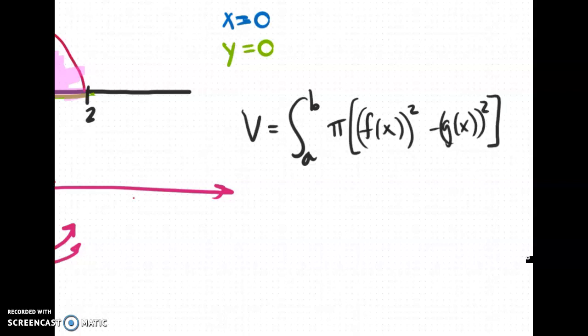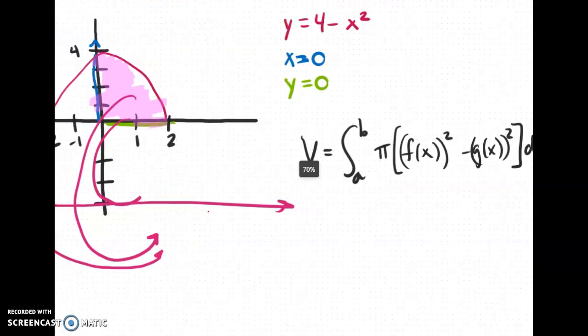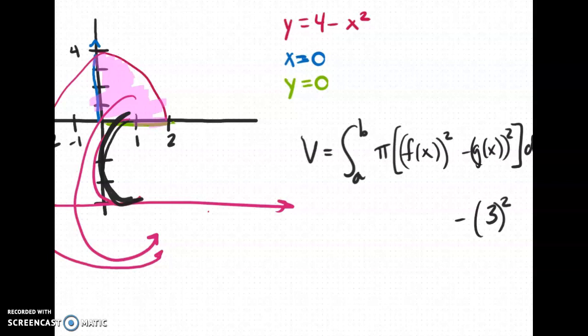Either way works. So what we're talking about as the bottom function here would be the smaller radius. So here, you could say this is -3 or 3. It wouldn't matter because if you square it, it's going to be 9.